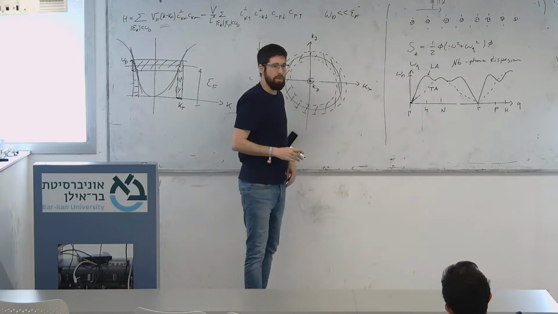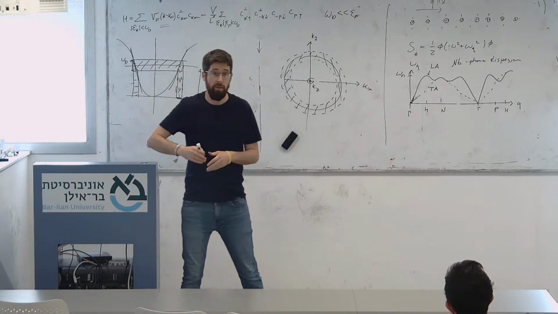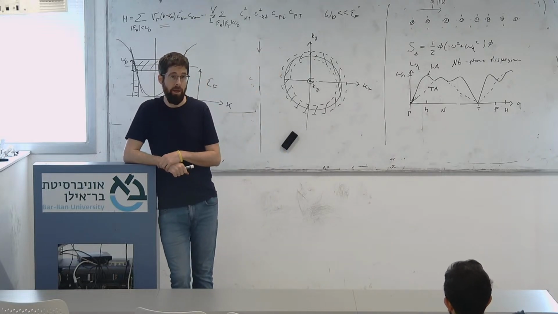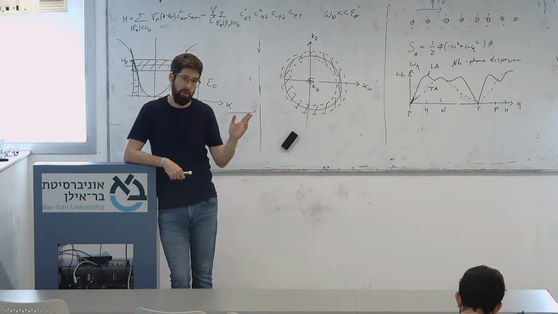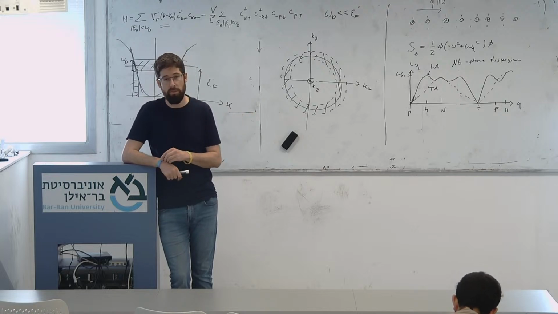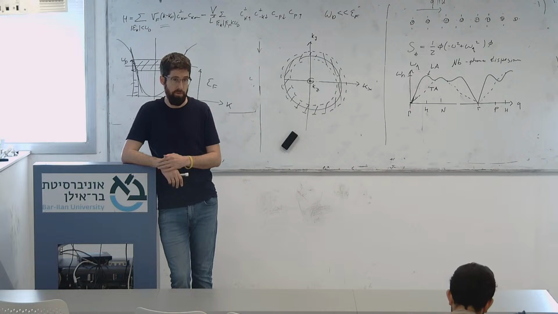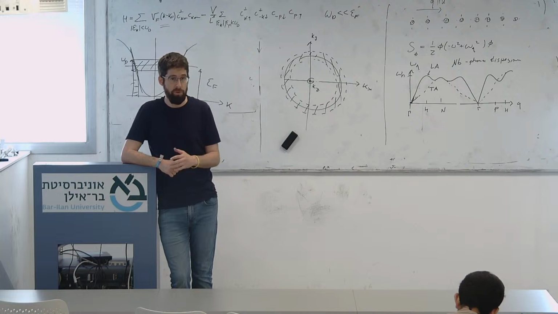In fact, epsilon F in a typical metal is 10,000 to 100,000 Kelvin. And the Debye frequency is of the order of 200 Kelvin, 300 Kelvin. So that means that there is somewhere between 2 to 3 orders of magnitude at least between the two.